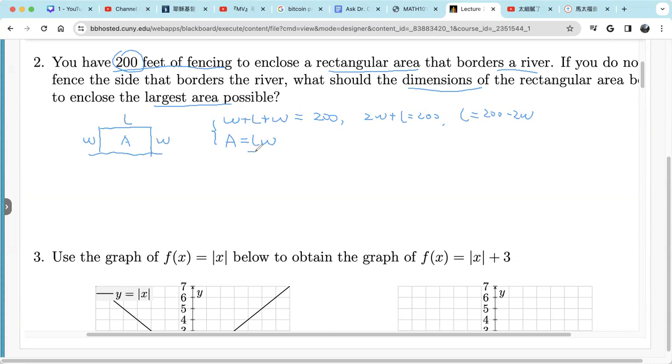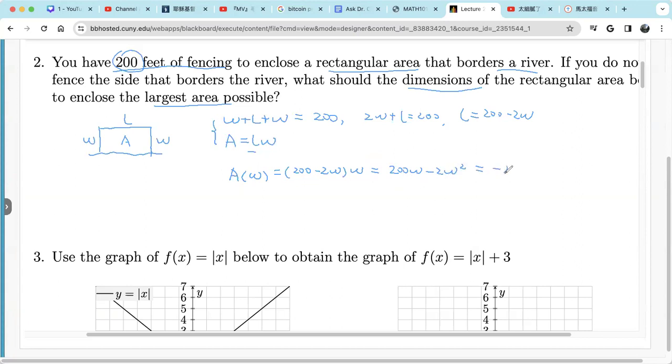Now we can substitute this L. We can form the area function in terms of width, because we got rid of L. Because L is 200 minus 2W, then multiply by W. So distribute W, get 200W minus 2W squared.